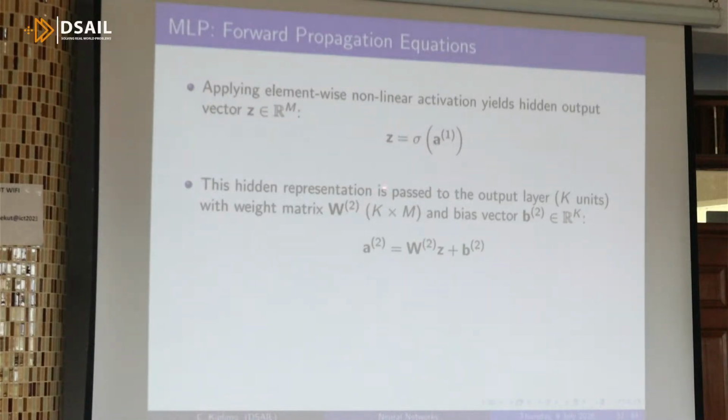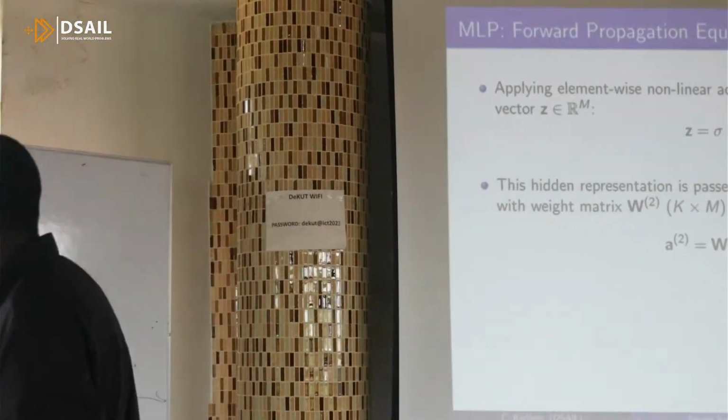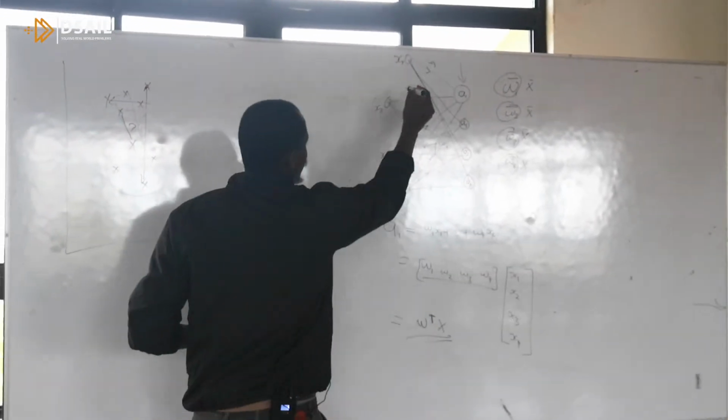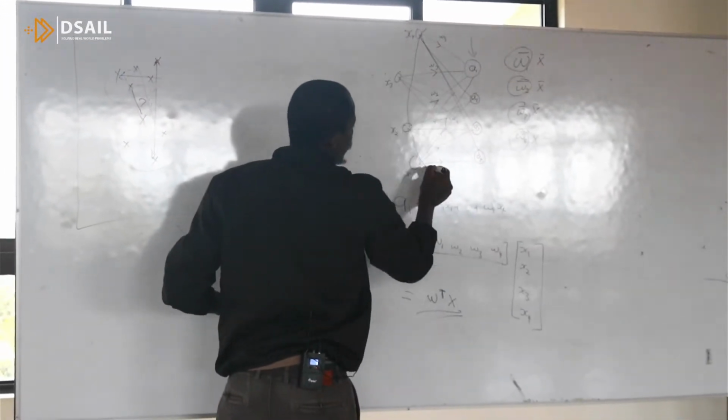So the hidden representation is passed to the output layer. If we further draw our network here, we'll have the output layer, which has k units, in general, with a weight matrix W2. You can imagine, I guess it's nice to explain like this, that you see all these connections here.